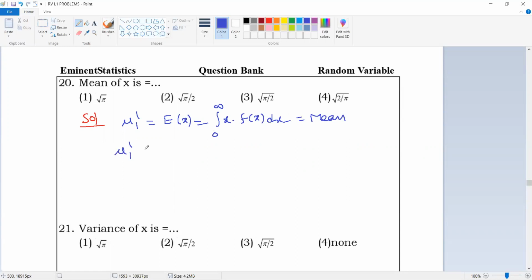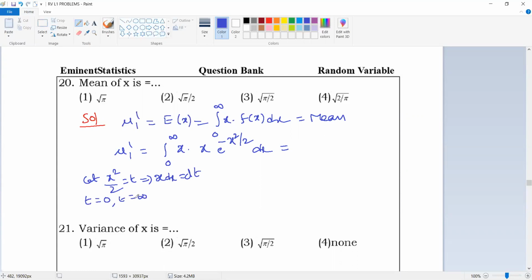So now mu1 dash is equal to the integral from 0 to infinity, k value 1, of x into e power minus x square by 2 dx. Let x square by 2 be equal to t, which implies x dx is equal to dt. The t values are the same here, t is equal to 0 to infinity when x value is 0 to infinity.